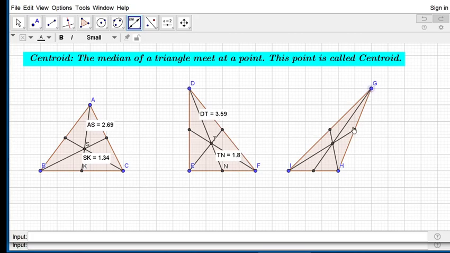Yes, some error will occur, but here 4.07 and this is 2.03. So the centroid divides the median in a 2:1 ratio. This can be verified. In this way we can learn more about orthocentre, circumcentre, incentre and centroid.